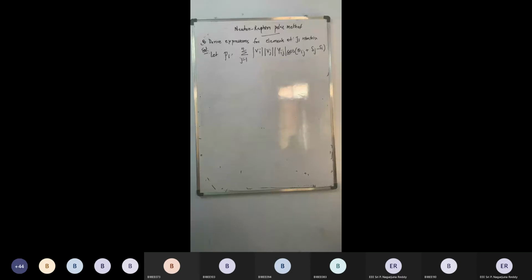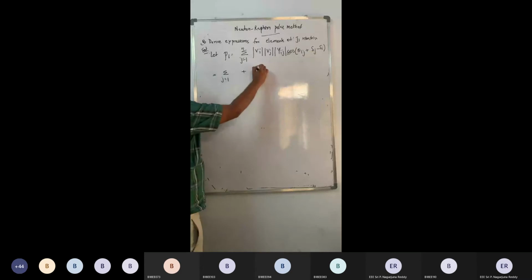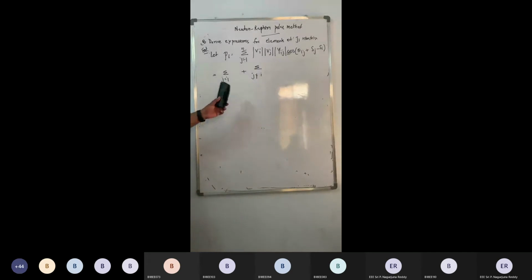Right. So for my sake, I am separating here sigma j is equal to i and sigma j is not equal to i. If j is equal to i, then what is the term which I will be getting here? I will get Vi square Yii cos theta ii.